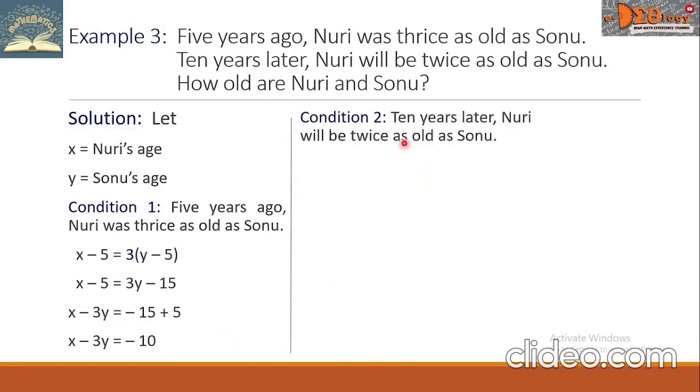Now condition 2. 10 years later, Nuri will be twice as old as Sonu. Again, we represent the age of Nuri as x plus 10. The age of Sonu 10 years later will be y plus 10. It says again, Nuri will be twice as old as Sonu. So we multiply 2 to the age of Sonu.